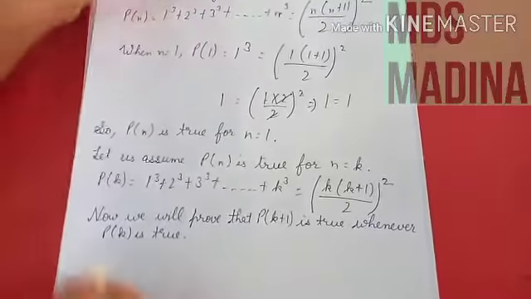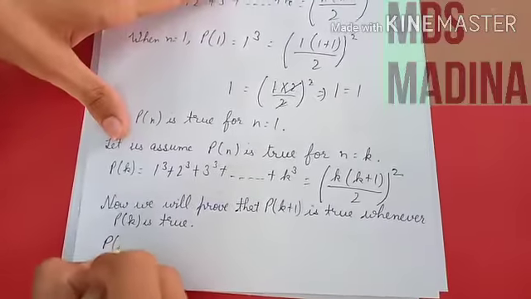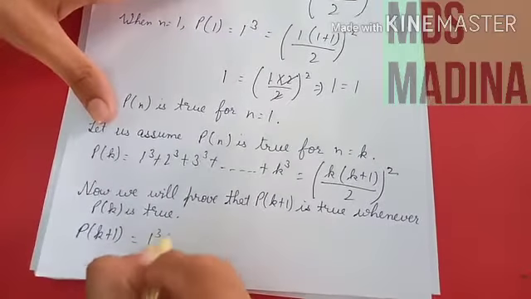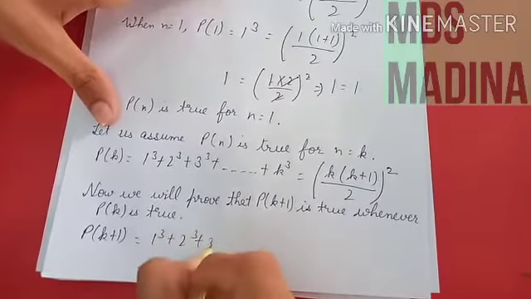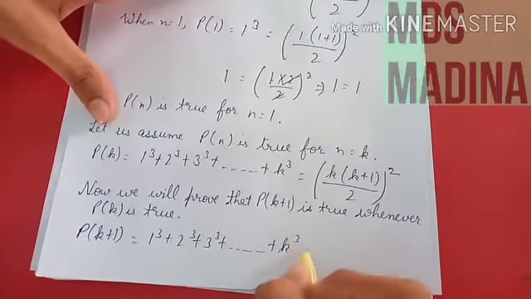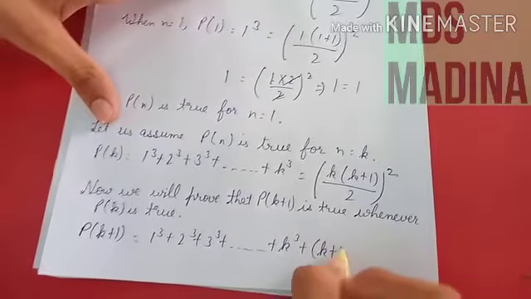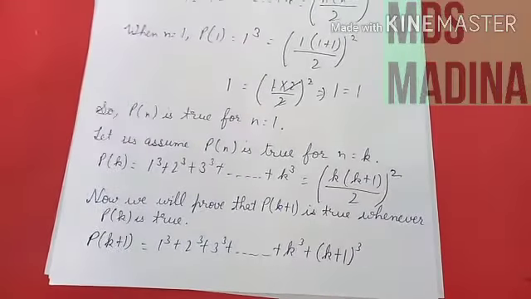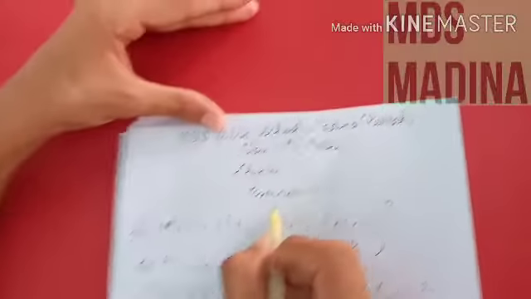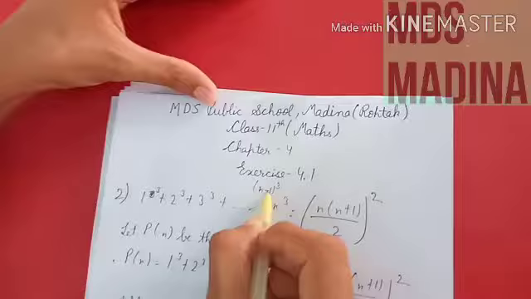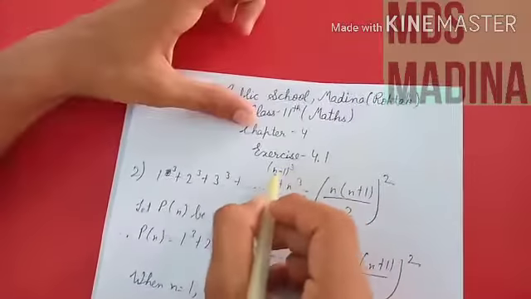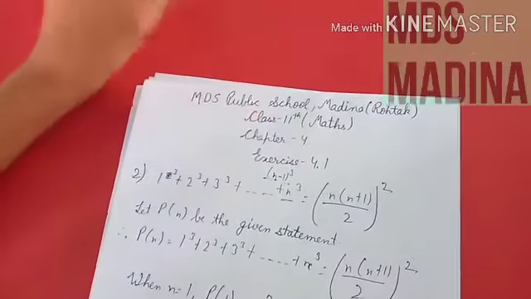So we will find now P of k plus 1. P of k plus 1 will be 1 cube plus 2 cube plus 3 cube plus in this way k cube plus k plus 1 cube. While we are getting this, we can assume that in this question they have given us n cube, and whenever we put the value of n as k plus 1, we will get k here and k plus 1 here.